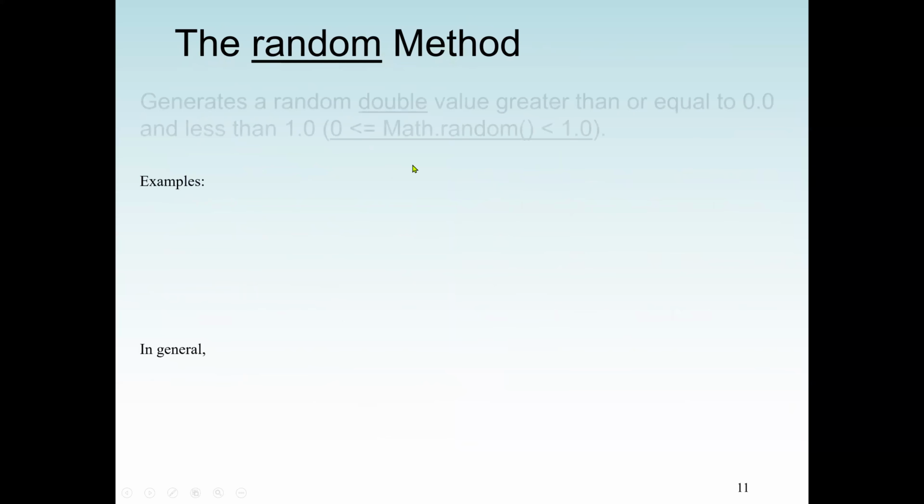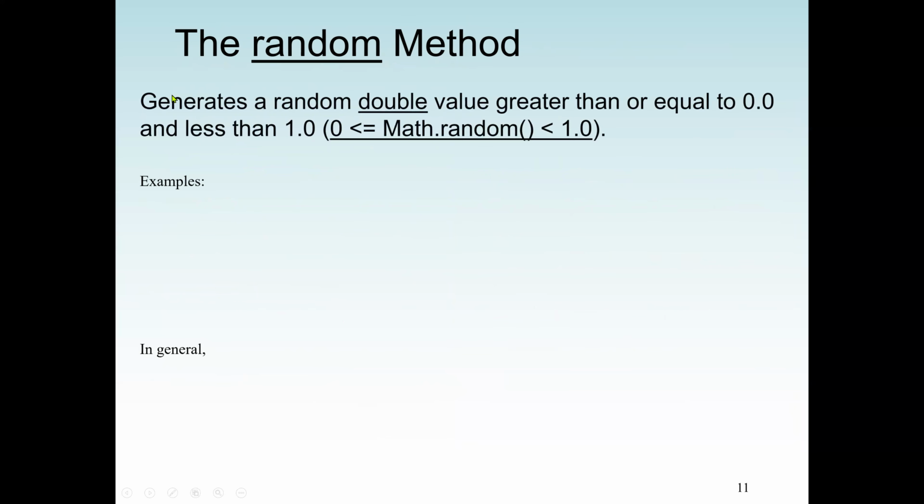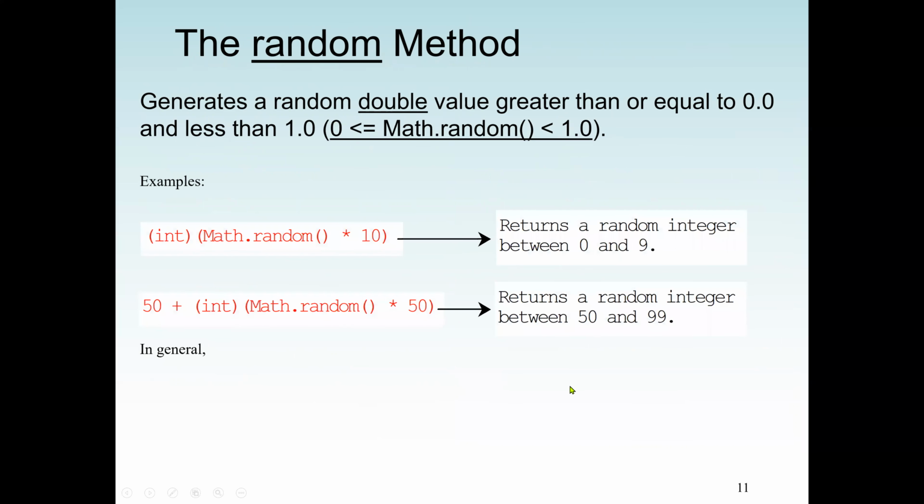The next is the random method. As we said, the random method normally generates values randomly between 0 and 1, but excluding 1, so 0 to 0.9. An example is given here. Now, if I want to generate numbers between 0 to 9, then I will multiply by 10, because random by itself will generate a number between 0 and 1.